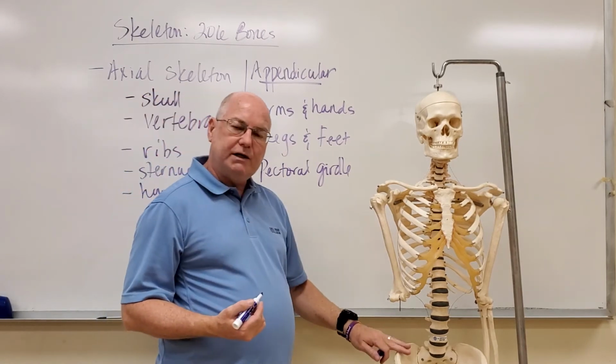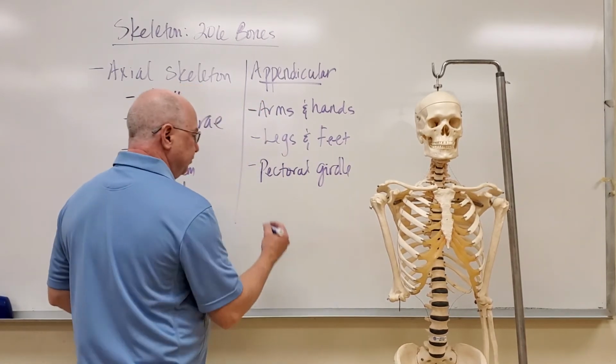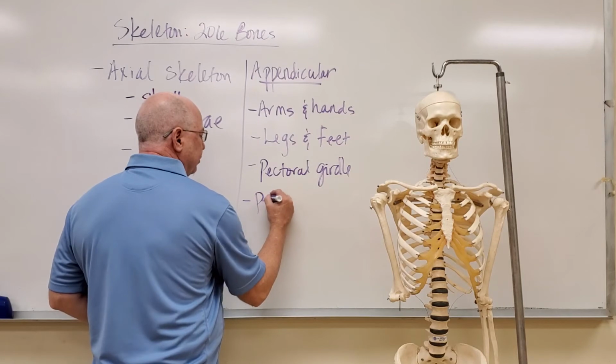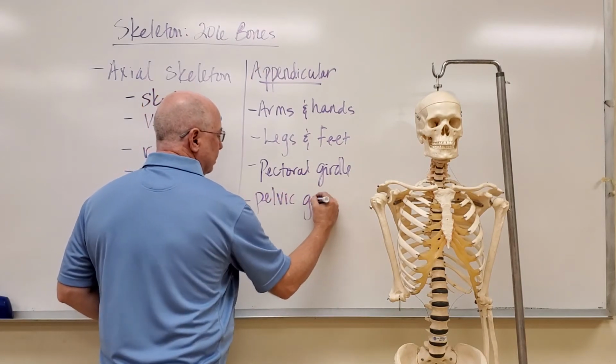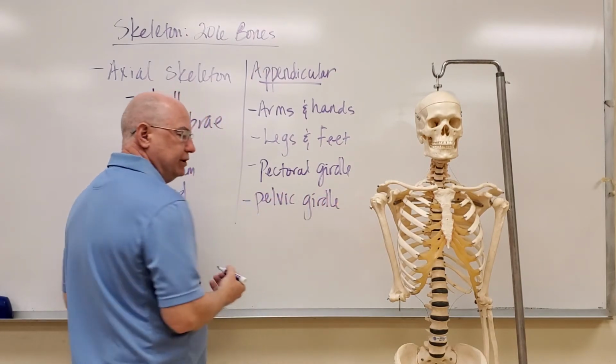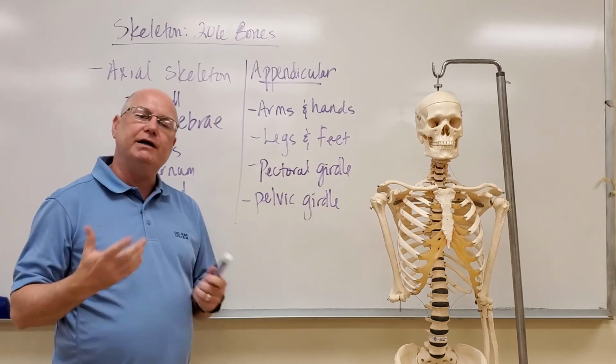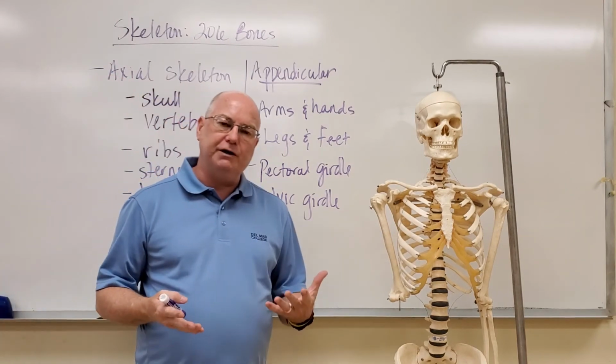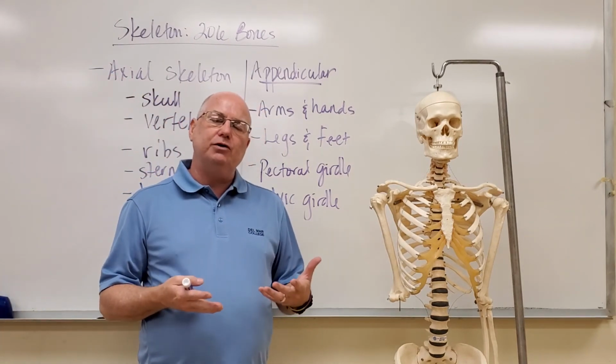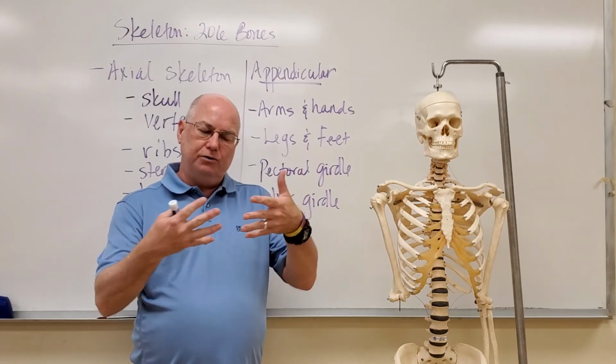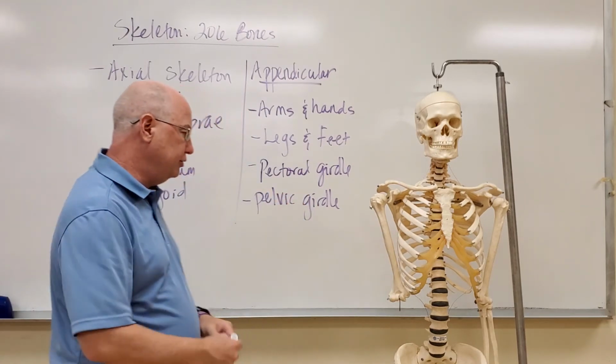And what attaches the legs to the axial skeleton is what we call the pelvic girdle. The pelvic girdle is made up of 6 separate bones, and we'll be covering it in detail. There are 2 bones called the os coxae, but each one of those bones is made up of 3 smaller bones that fuse together into a larger one.